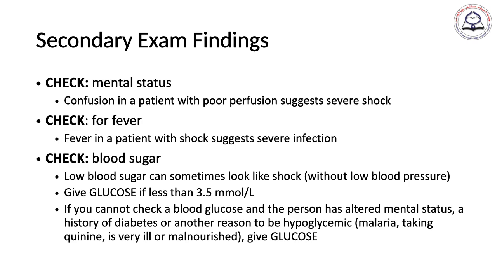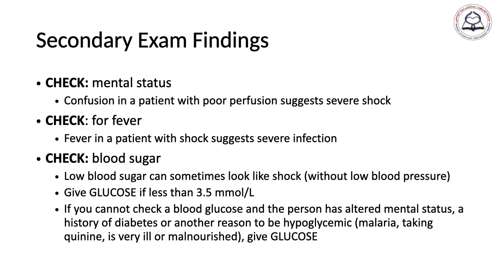Check mental status. Confusion and irritability in a patient with poor perfusion suggest severe shock. A patient with fever and poor perfusion can indicate septic shock. Low blood sugar can sometimes look like shock without low blood pressure. Give glucose whenever it is less than 3.5.